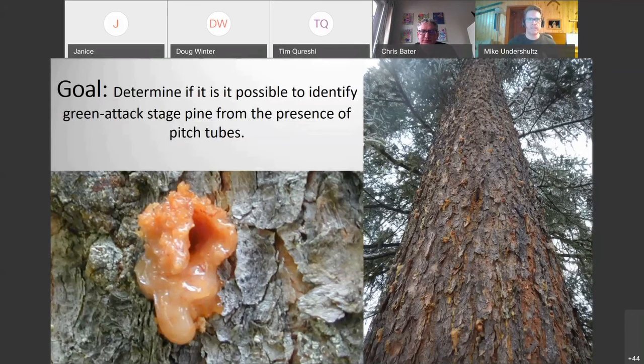Picture an insect eye dome of multiple lenses, and as you're flying over a stand of trees, it's taking thousands of images at all different angles. After you've passed over the stand, you've essentially taken thousands of images of every single tree from different angles. The thought is that at least one of those pictures shows part of the bole, and if that bole shows some pitch tubes, there's potential to find them.